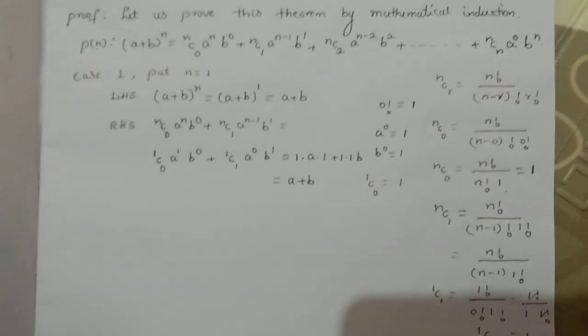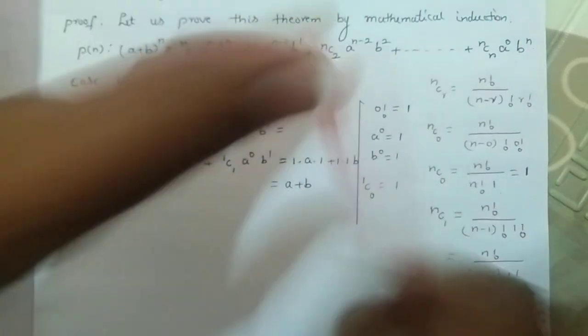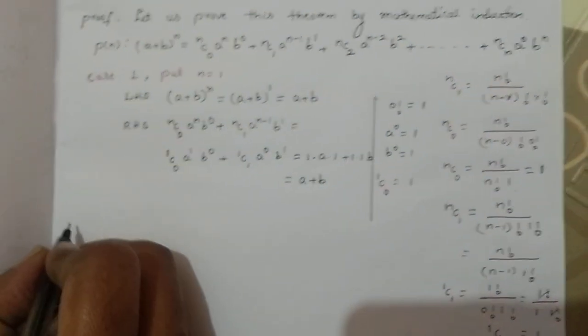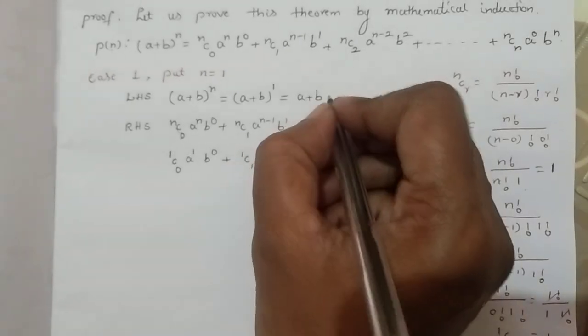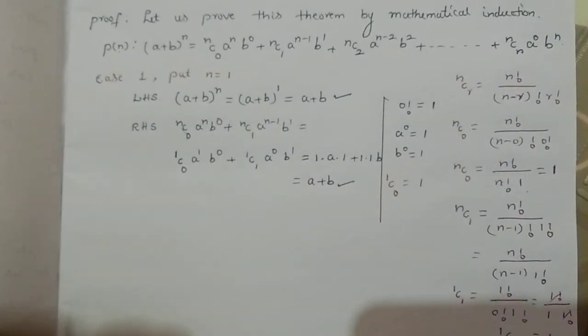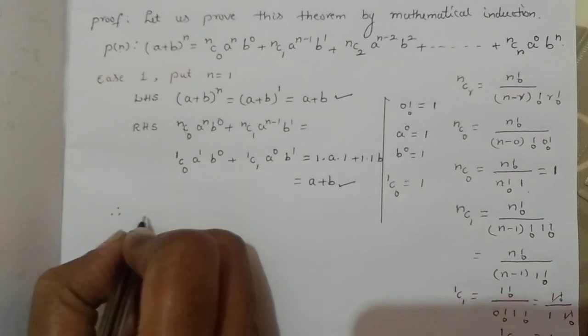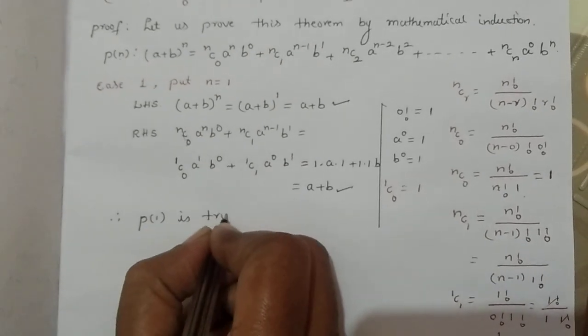This is case 1. Both the left hand side value is a plus b and the right hand side value is also a plus b. Therefore P of 1 is true.